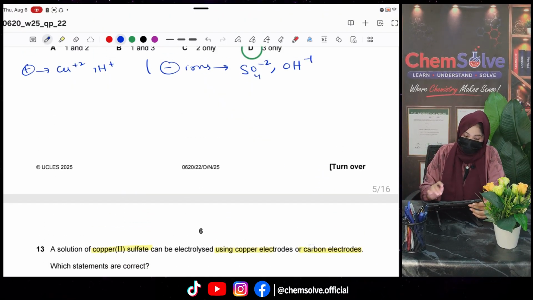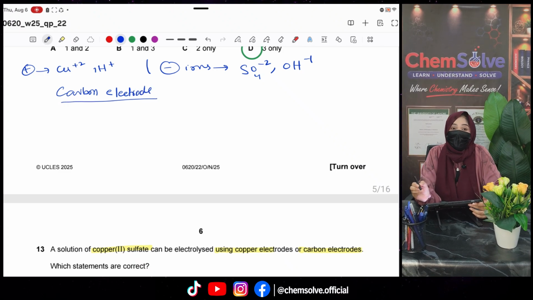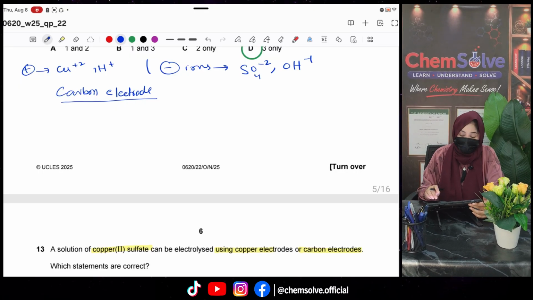So what happens when we use carbon electrodes? Carbon is an inert electrode, so it does not participate in the electrolysis and does not affect the product of the electrolysis. So for that, what happens?